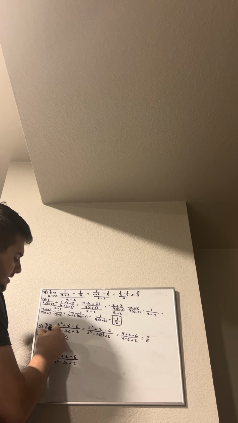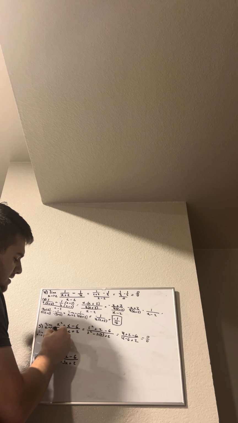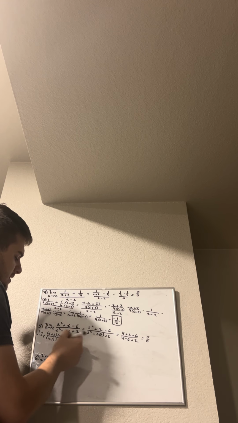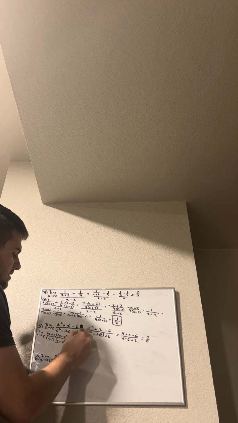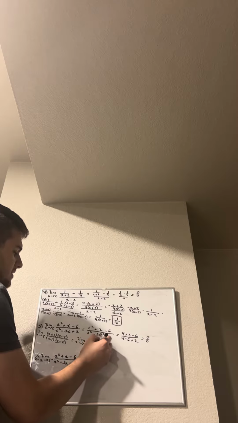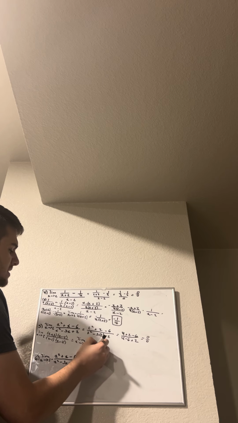And then over here we can also factor this out, so we can do x minus 1 times x minus 2, just like that. And now these two cancel out, so we essentially just get the limit of x approaching 2 of x plus 3 over x minus 1.